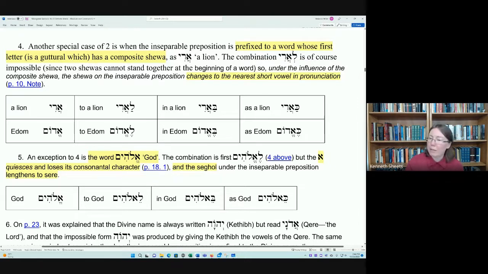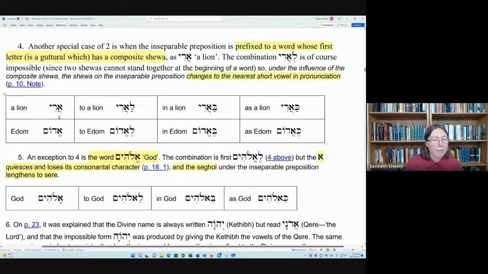And so this cannot happen in Hebrew. So what is going to happen is the first vocal schwa is going to lengthen to the nearest short vowel in pronunciation. In the case of a hateph patah, that means the first schwa is going to change to a patah. And thus you can see what has happened here.